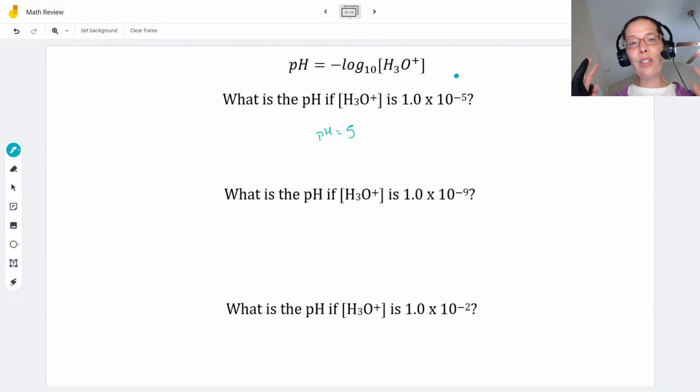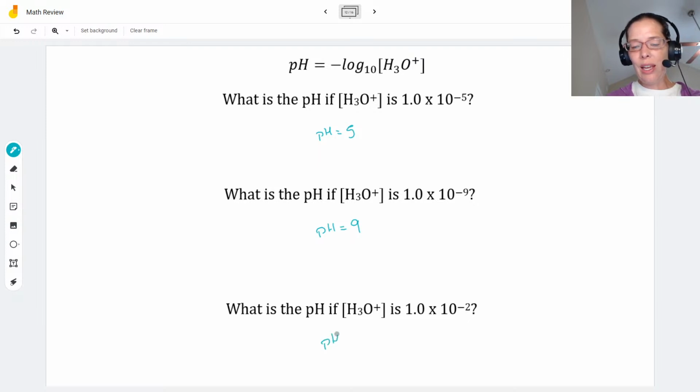Okay, so we can do this for anything that is 1 times 10 to the whatever. So if our concentration of hydronium is 10 to the negative ninth, our pH is simply 9. And the same thing here, this is still 1.0 times 10 to the negative second.